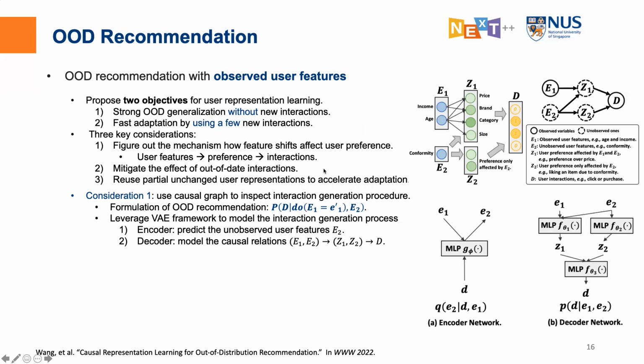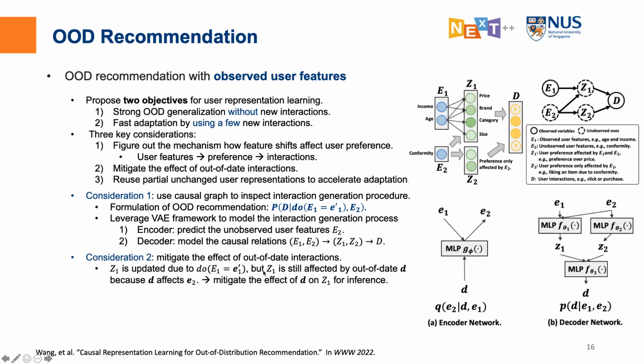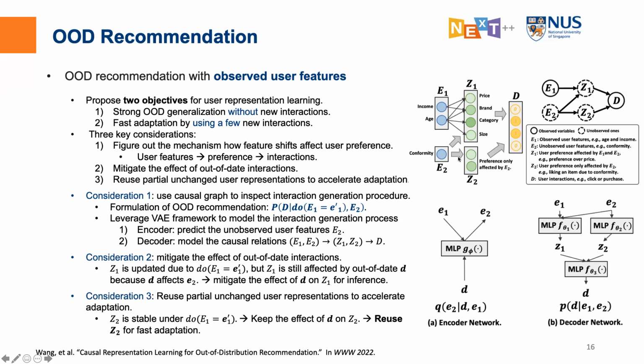For the method, we use functions to model this causal graph, to model the edges between these nodes. Then we mitigate the effect of outdated interactions by using counterfactual inference, similar to the previous clickbait work, and we reuse partially unchanged factors to accelerate the adaptation during fast adaptation, the second task.